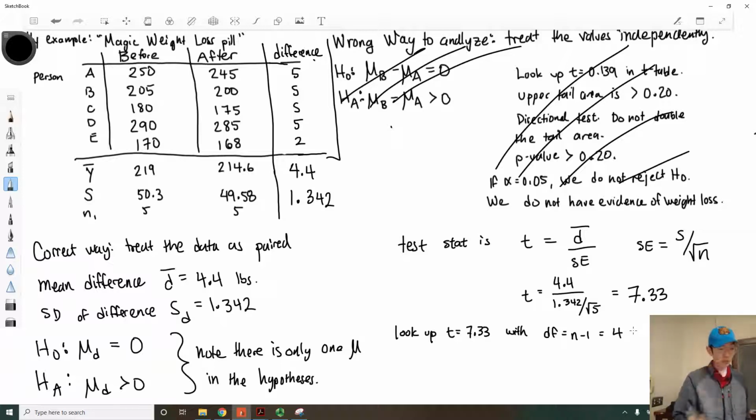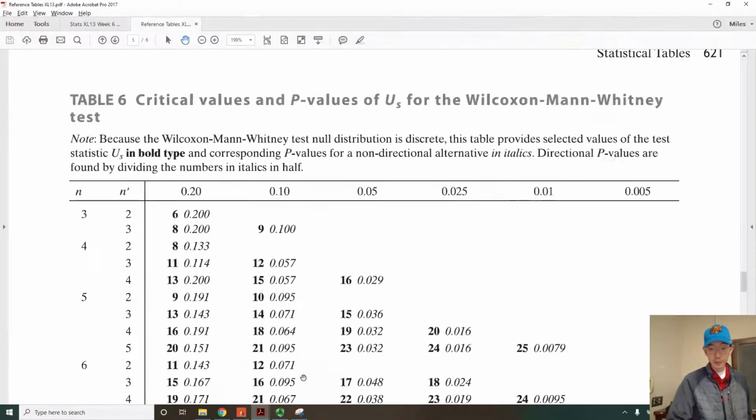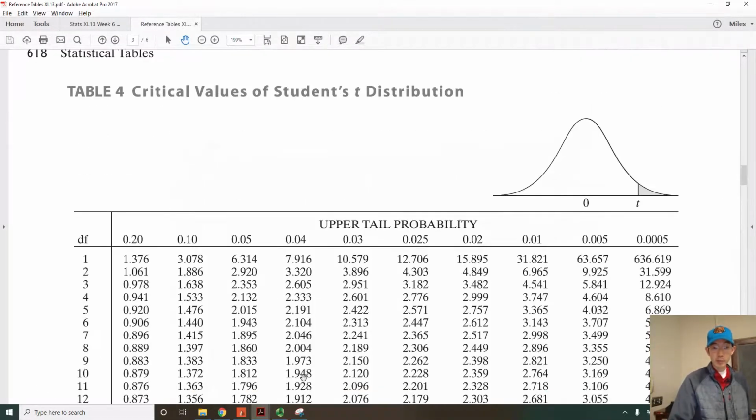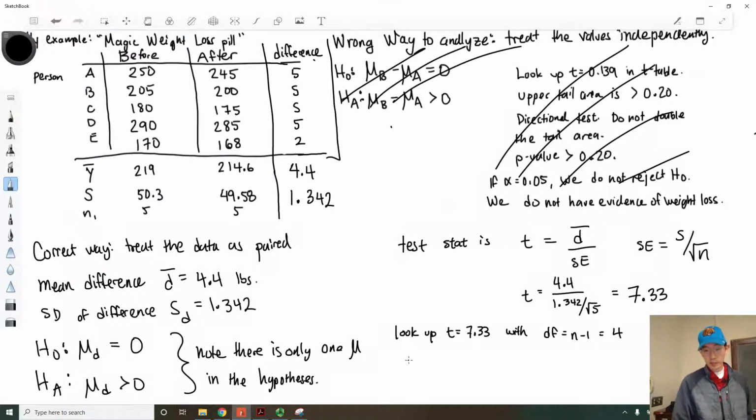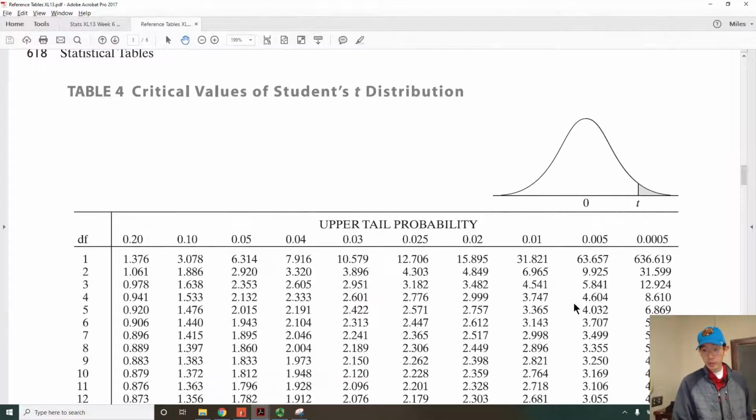We have one sample, n minus 1, and if we do that, we go to my t table, 4 degrees of freedom, I look up 7. Okay, so it's between these last two numbers, so that means my tail area is between 0.005 and 0.0005. Okay, so the t is between 4.604 and 8.610.